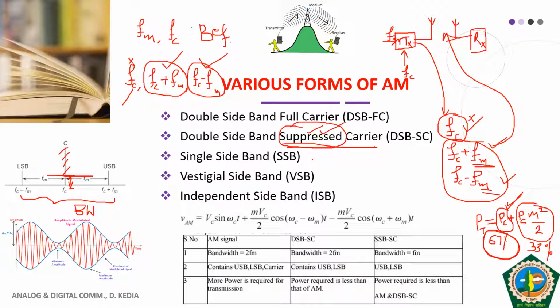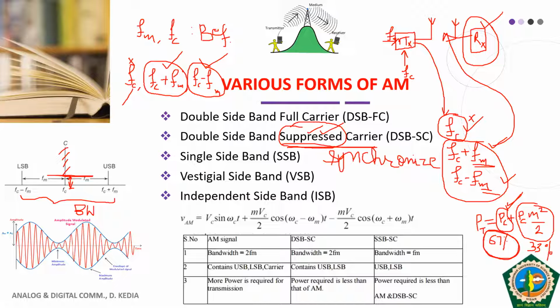What is the logic behind keeping a small amount of carrier? The logic is that if I remove the carrier 100%, then there will be a synchronization problem. You know that we need to transmit our signal from transmitter to receiver. If you remove the carrier fully, you will not be able to obtain complete synchronization at the receiver side, because we require some carrier reference at the receiver side.